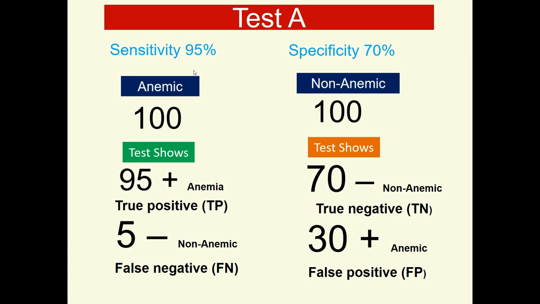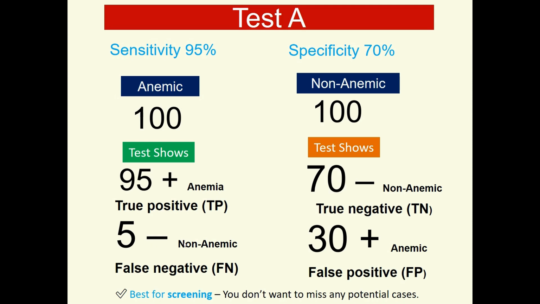How do you interpret that in terms of test validity? Test A can be considered best for screening because this captures 95% of those who test positive. That means only 5 of them are being missed here. That means even though 5 of them have anemia, the test shows non-anemic.